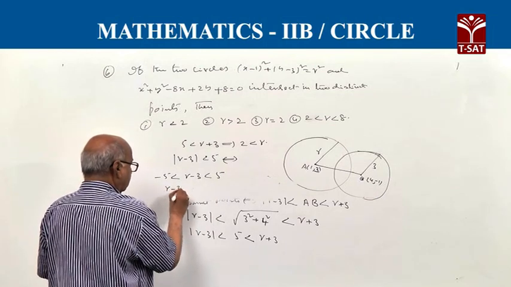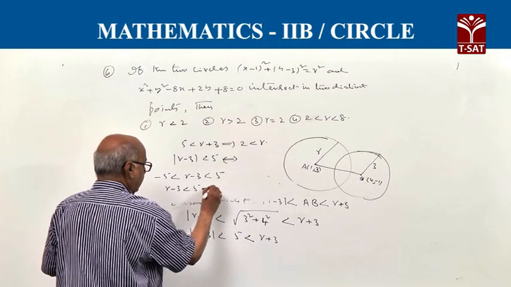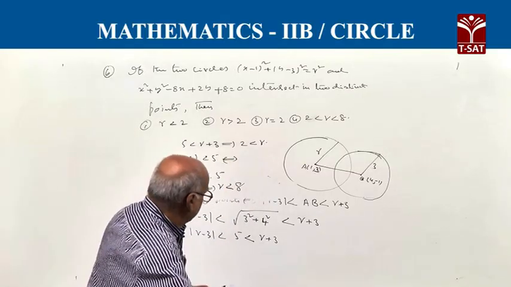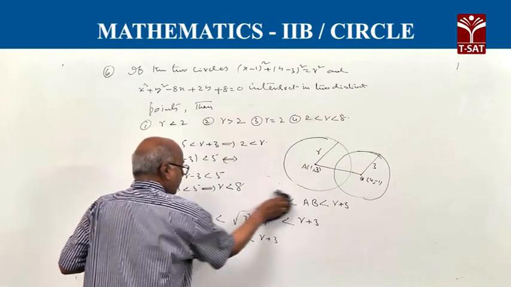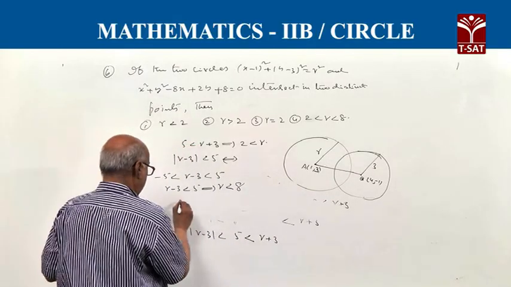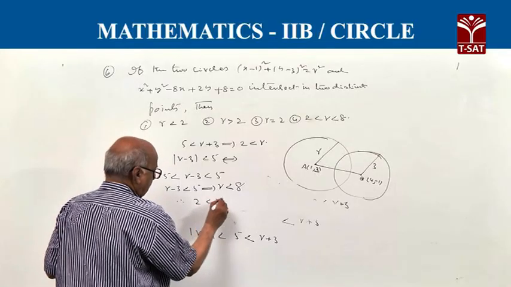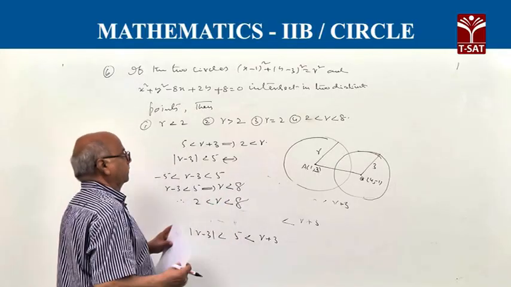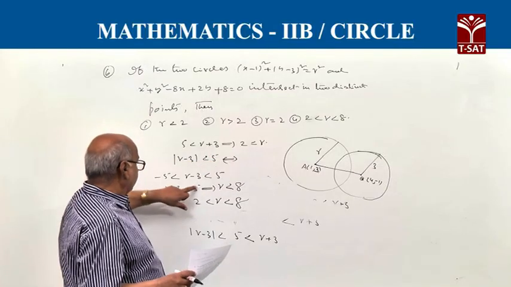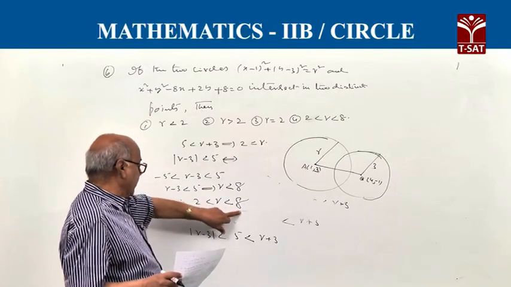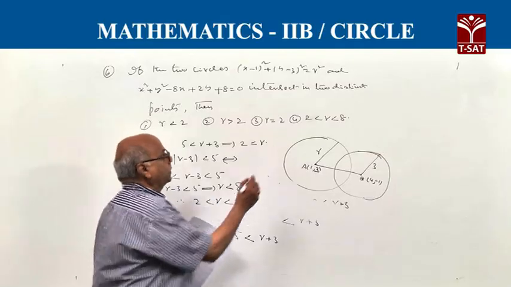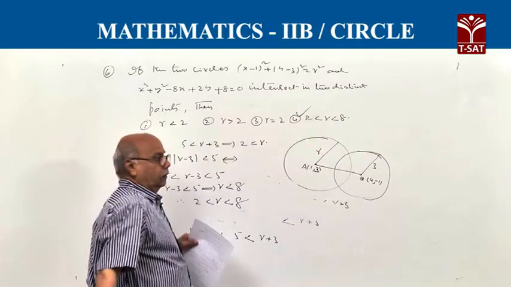Now r minus 3 less than 8 implies r is less than 8 itself. So therefore 2 less than r less than 8. Here 2 is less than r from this, and from this you will get r is less than 8. So the correct option is option number 4.